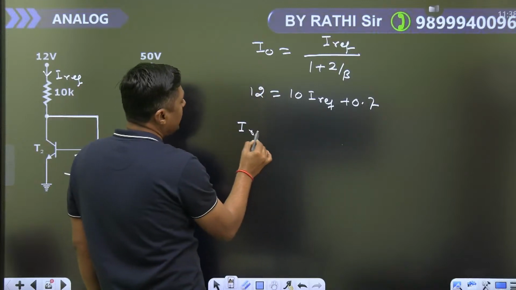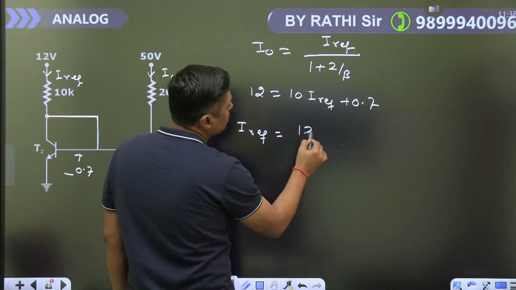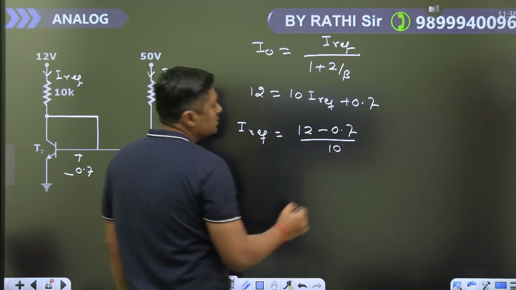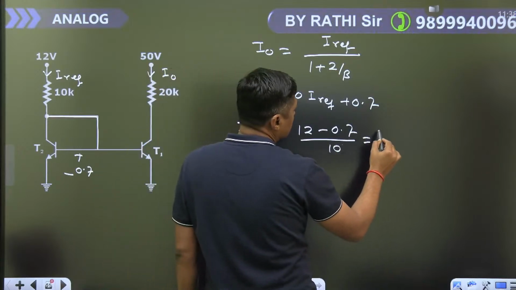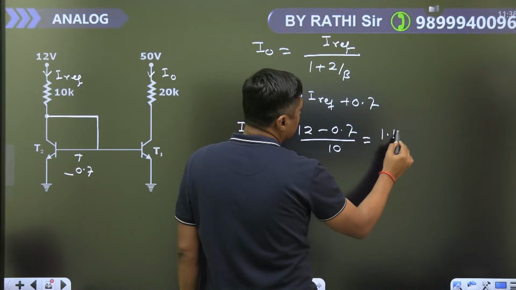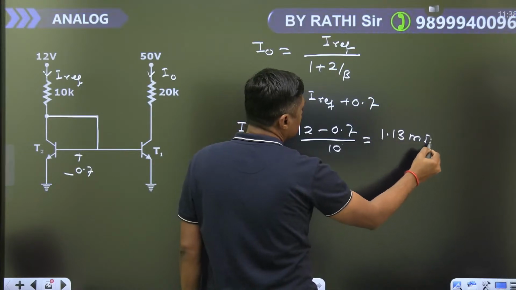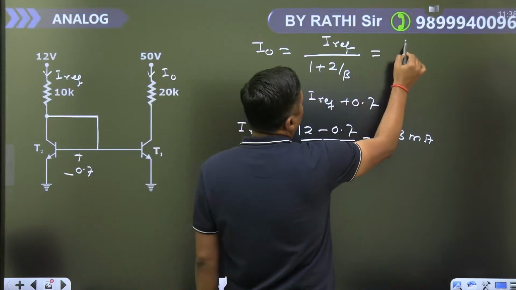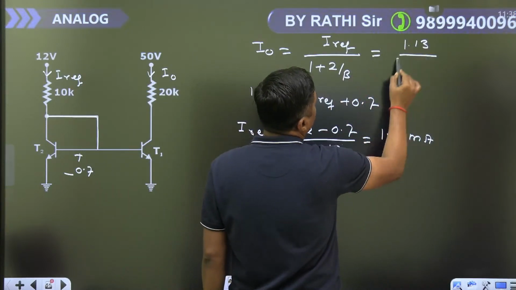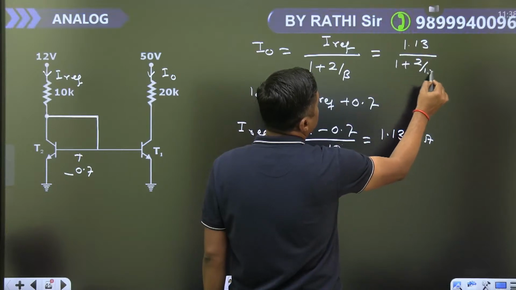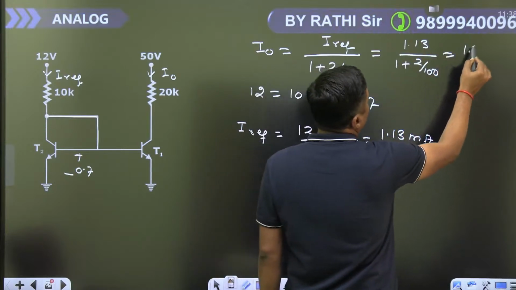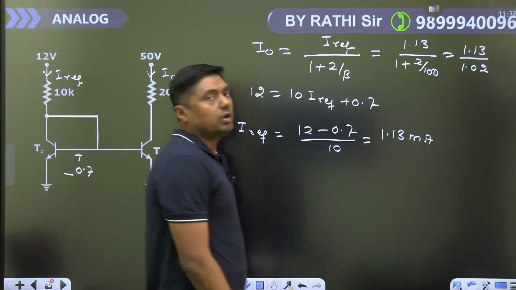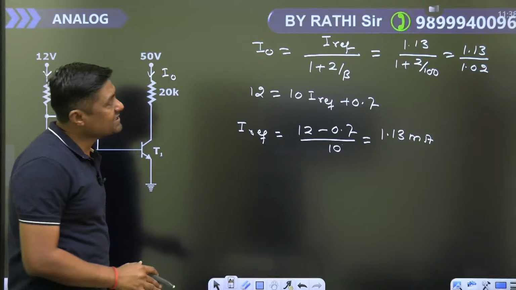So what is the I reference will become 12 minus 0.7 divided by 10, that is 1.13. Then it will become 1.13 divided by 1 plus 2 by 100, 1.13 divided by 1.02. This is the exact value.